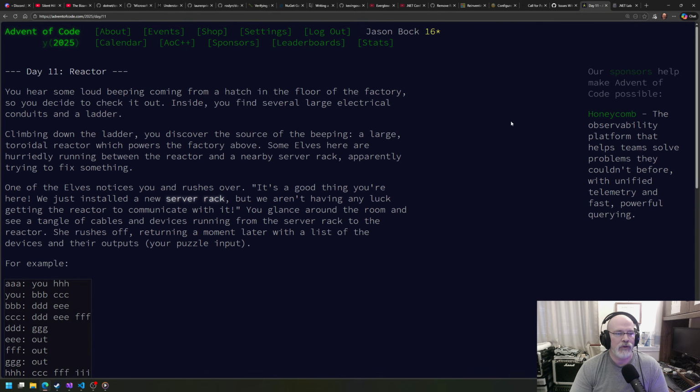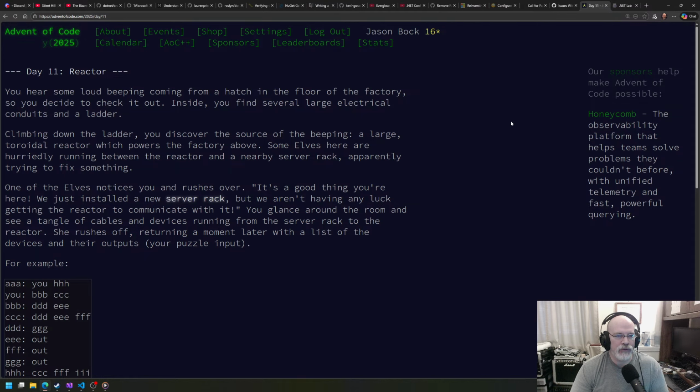Reactor. You hear some loud beeping coming from a hatch in the floor of the factory, so you decide to check it out. Inside, you find several large electrical conduits and a ladder. Climbing down the ladder, you discover the source of the beeping, a large reactor which powers the factory above. Some elves here are hurriedly running between the reactor and a nearby server rack, apparently trying to fix something.